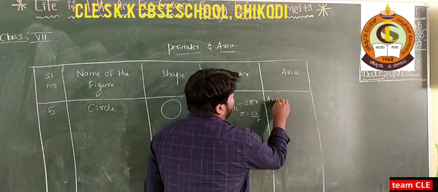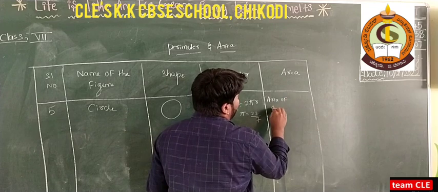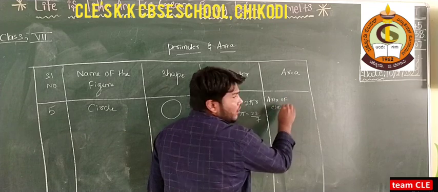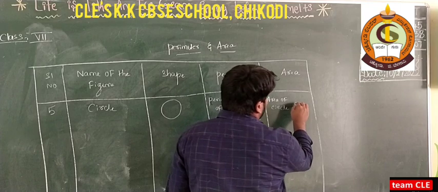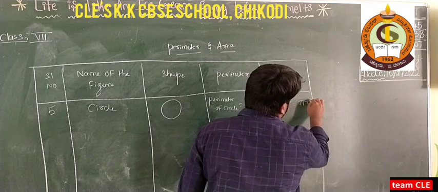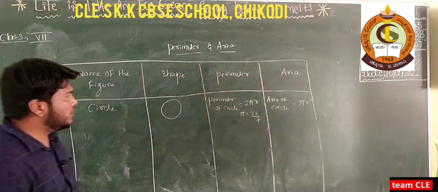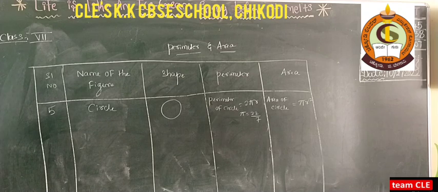Similarly, area of circle is pi r square.